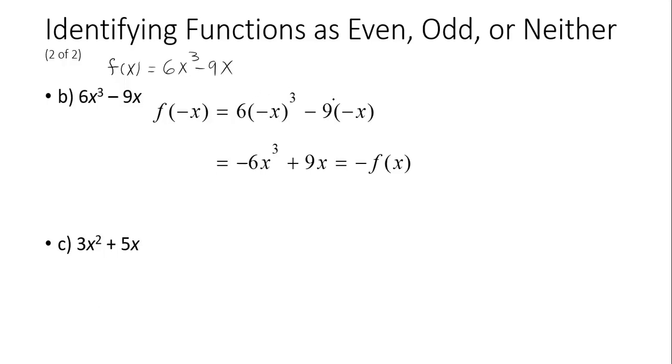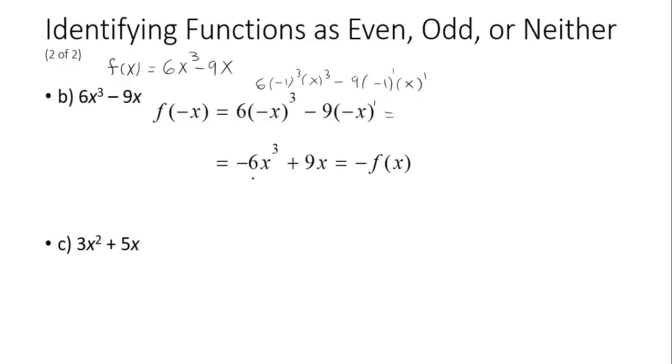So this would be like I have 6 times minus 1 to the power of 3, x to the power of 3, minus 9 times minus 1 to the power of 1, and x to the power of 1. As you can see, the exponent is odd, so this turns out to be minus 1. Minus 1 times 6 would be minus 6x cubed, and then here we have minus 9 times minus 1, that gives me plus 9x.